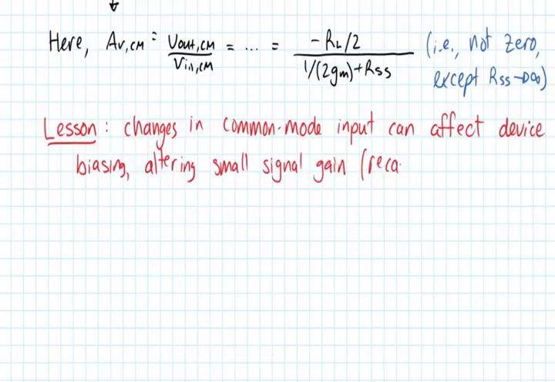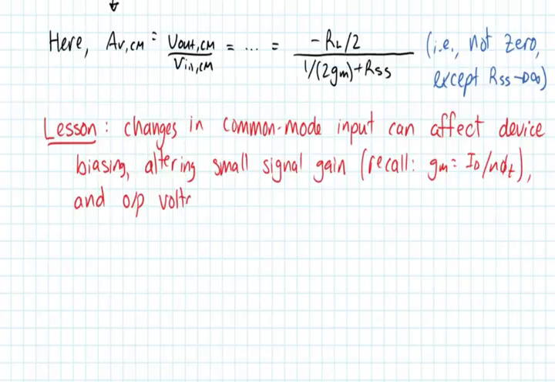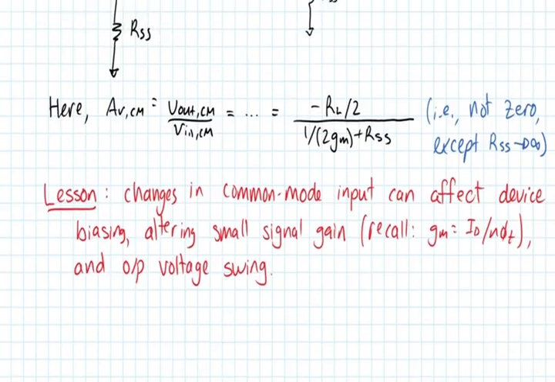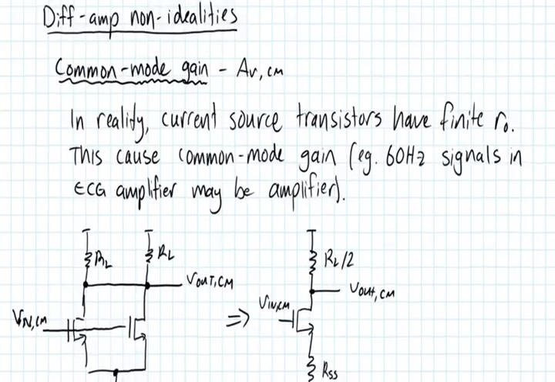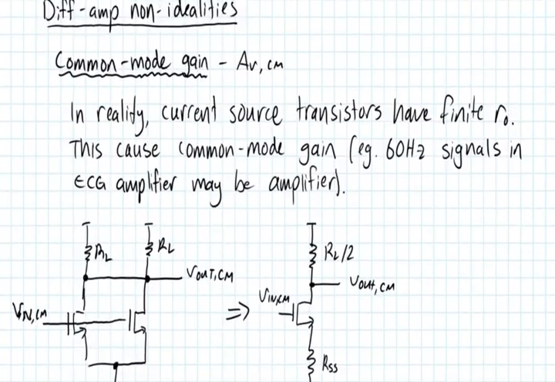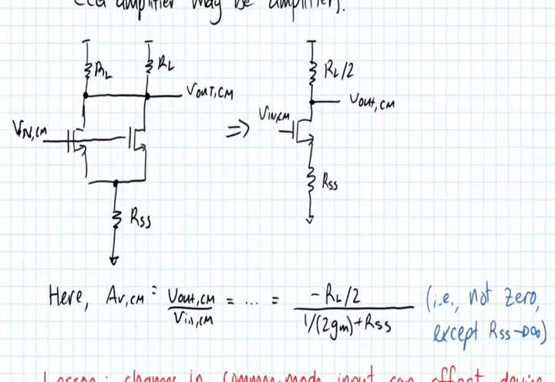Recalling that GM is equal to ID over N phi T. And this can also affect output voltage swing. All right, so now this was a common mode gain, that is common mode to common mode gain, common mode at the input, common mode at the output.